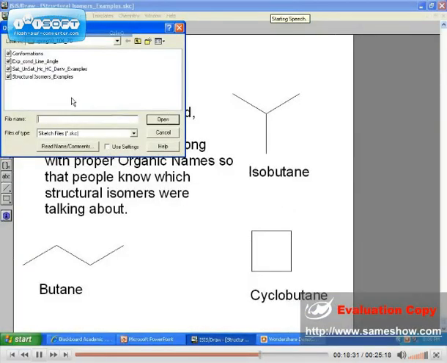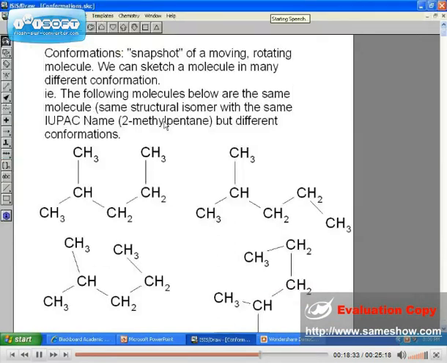But let me touch upon this subject a little bit more. Highlighting this molecule, if I were to focus on this particular bond, this one right here is rotating. Now I'll take a look at this bond over here.